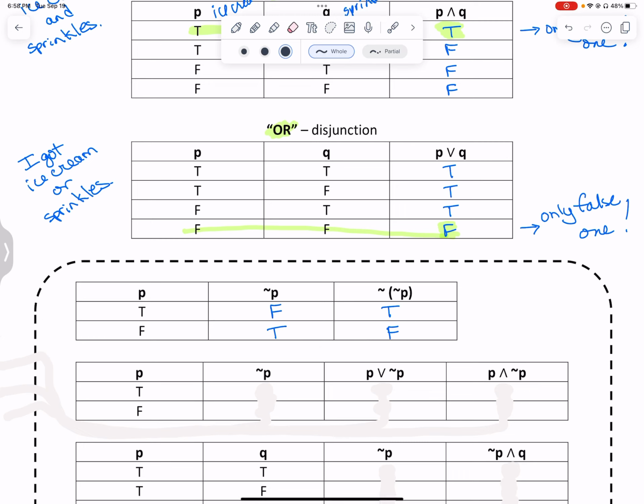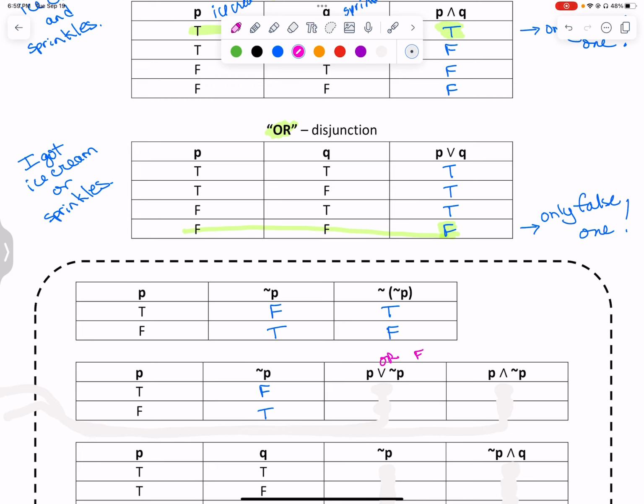Okay, so we're going to do the same thing. We have our statement P, and we've got true and false. The negation is just what we did above, so we have false and then true. But now, notice this is our or, right? Remember, or is only false if they're all false.